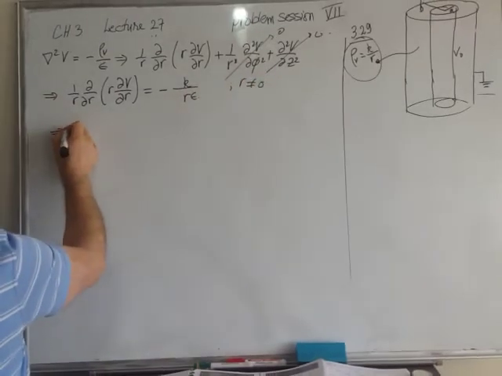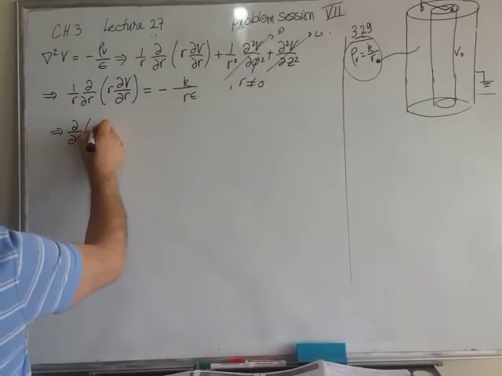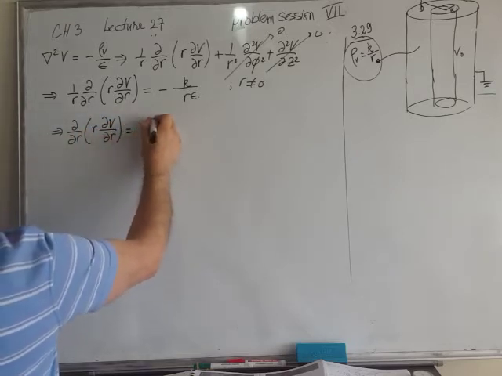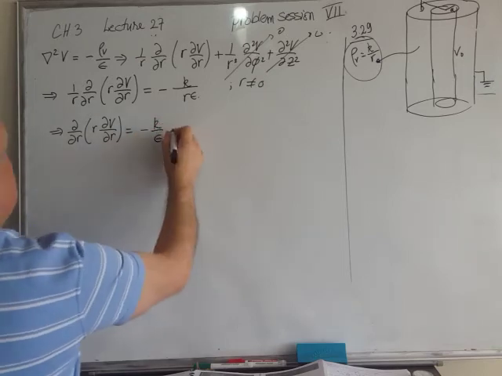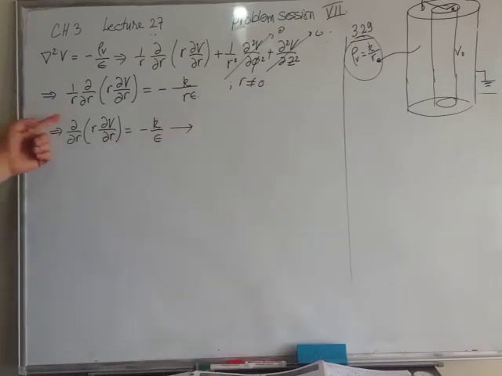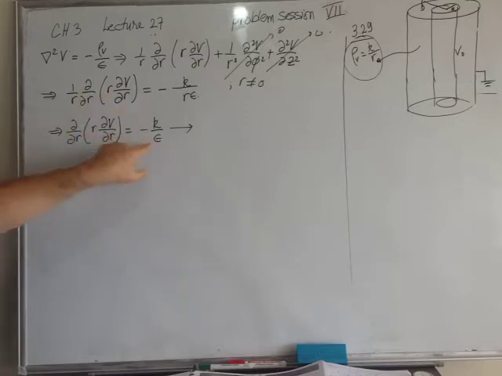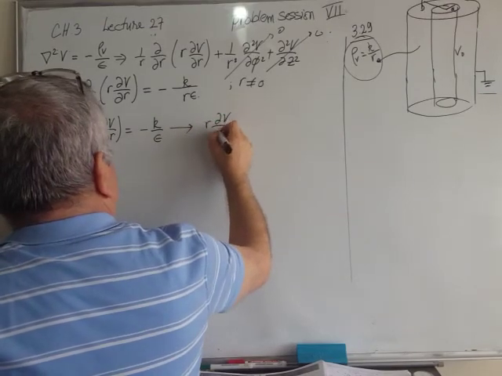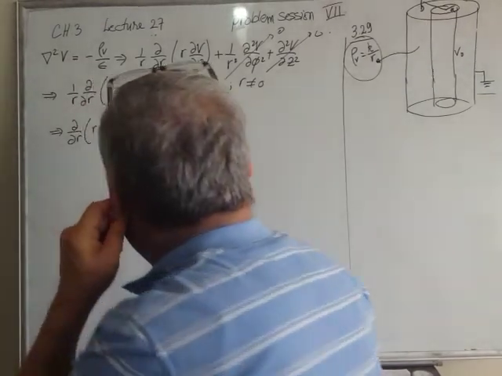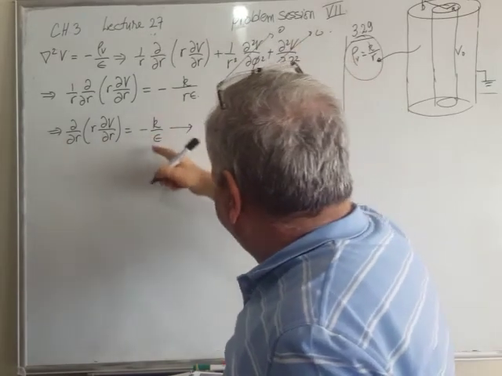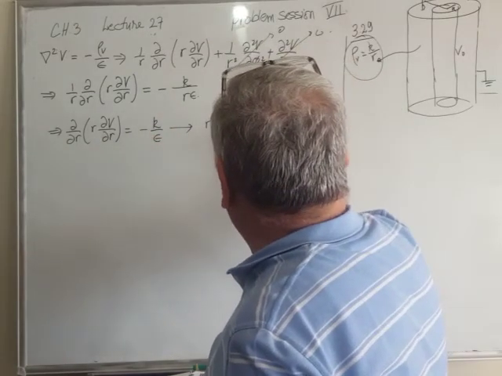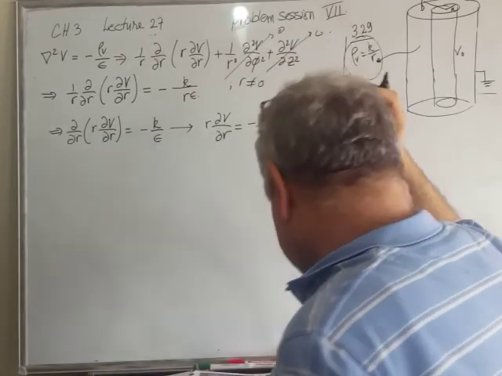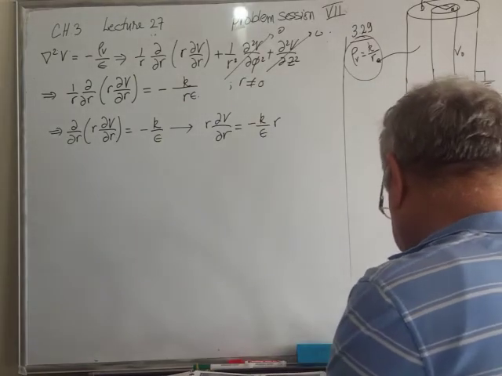So we obtain the partial derivative with respect to r of r del v by del r is equal to minus k over epsilon. Okay? Now, since the derivative with respect to r of this function is a constant, the function itself is minus k over epsilon times r.